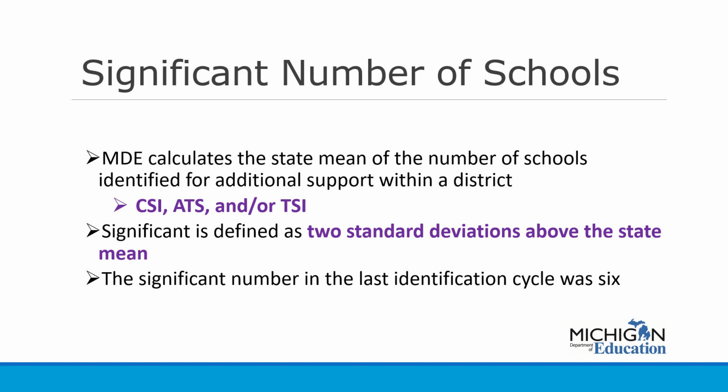Therefore, when a district serves a number of identified schools that are 2 standard deviations above the statewide mean, it is determined that the district serves a significant number of schools identified for additional support and is required to participate in a periodic resource allocation review. During the previous identification cycle, the significant number was 6 or more schools identified for support within a single district.